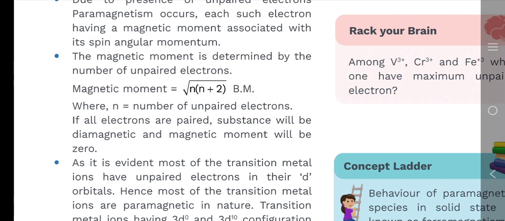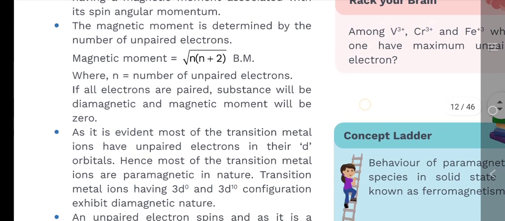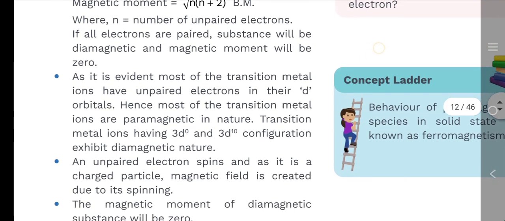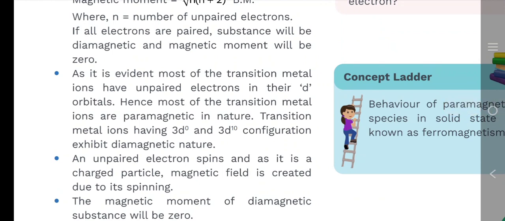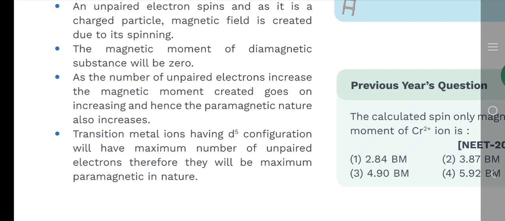As is evident, most of the transition metal ions have unpaired electrons in their d orbitals. Hence, most of the transition metal ions are paramagnetic in nature. Transition metal ions having 3d0 and 3d10 configuration exhibit diamagnetic nature. An unpaired electron spins, and as it is a charged particle, a magnetic field is created due to its spinning.